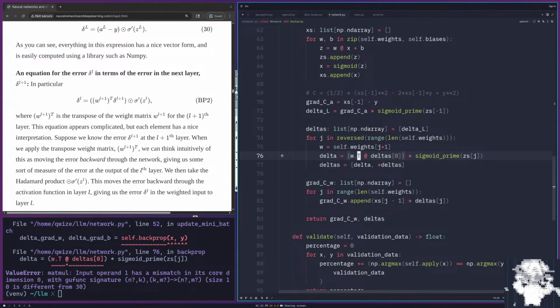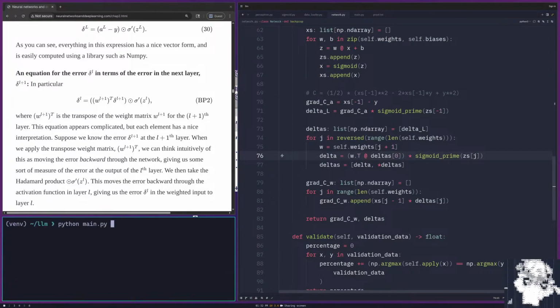I'm already doing the transposing here. Hadamard product. Deltas of l plus 1. That's this because I'm going through them backwards. The list of deltas doesn't already exist, so I can't index it as j plus 1, I have to index it as 0. Okay.